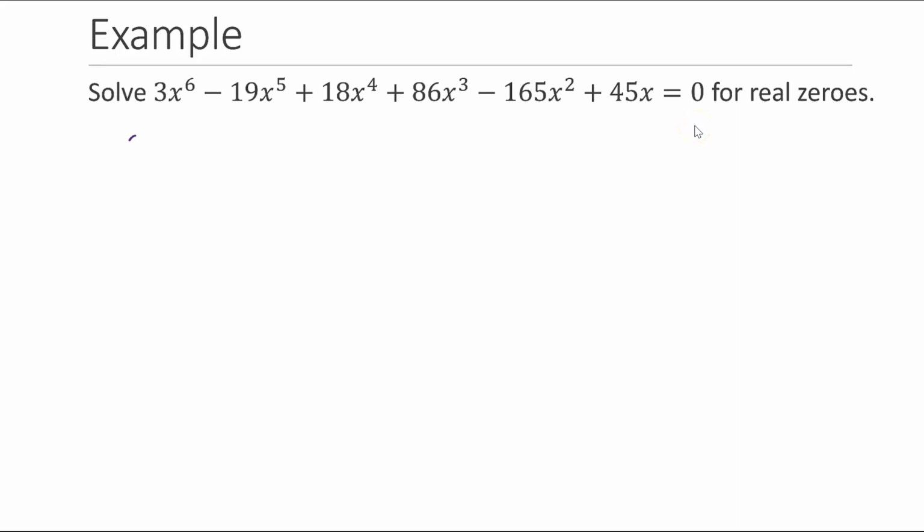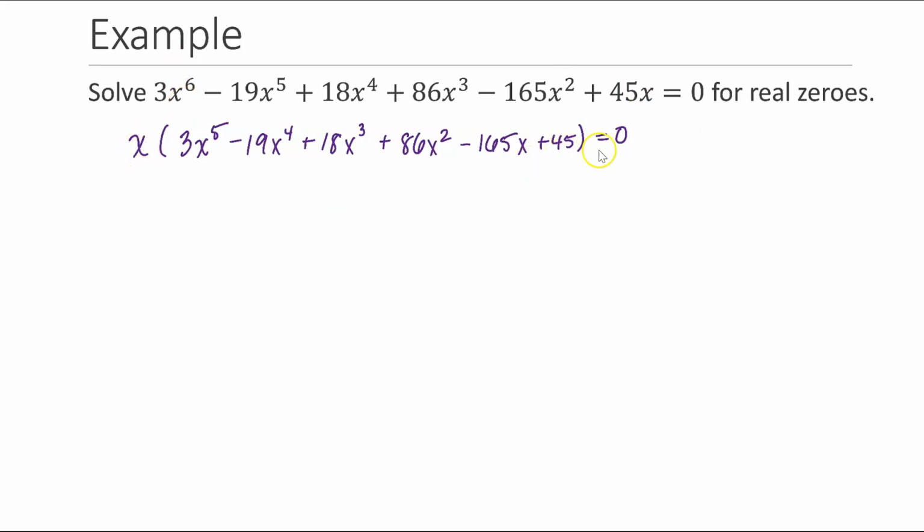So I'm going to factor out the x, and I'm left with 3x to the 5th minus 19x to the 4th plus 18x cubed plus 86x squared minus 165x plus 45 is equal to 0. So I automatically know that 0 is one of my zeros. I could set x equal to 0.